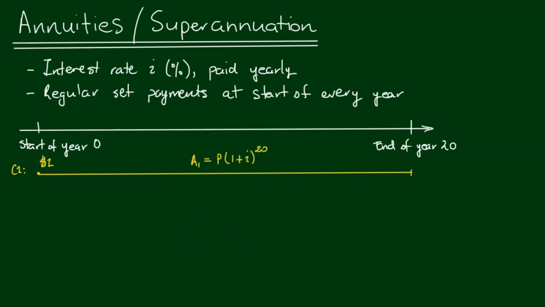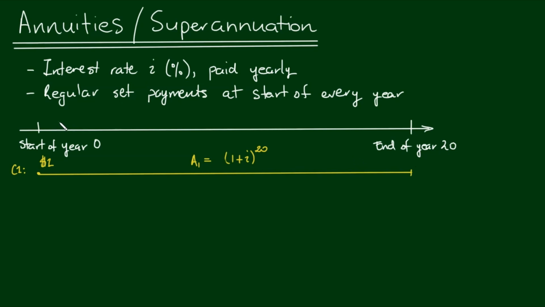After 20 years, the principal is just $1. And because 1 times anything is itself, to keep things simple, I'm just going to erase this $1 at the front of that expression. So A1, the amount accumulated for our first investment after 20 years, is 1 plus I to the power of 20.